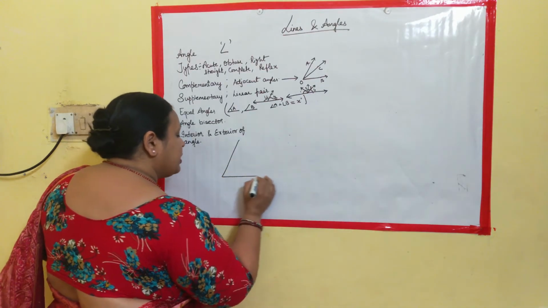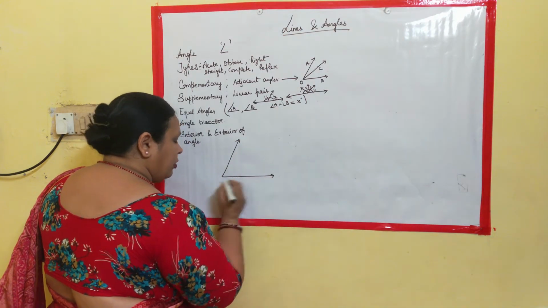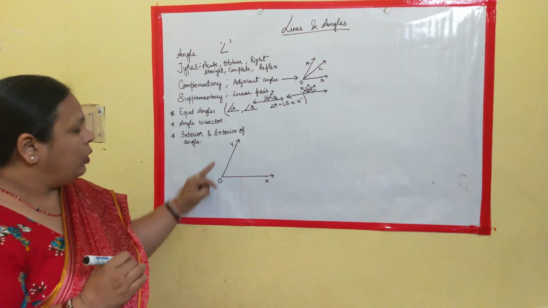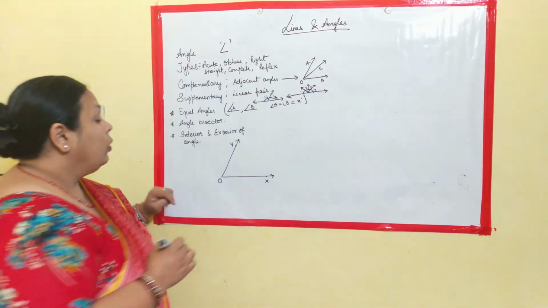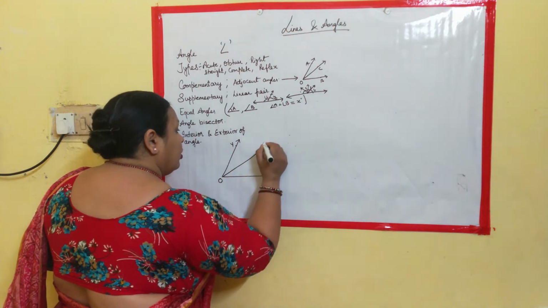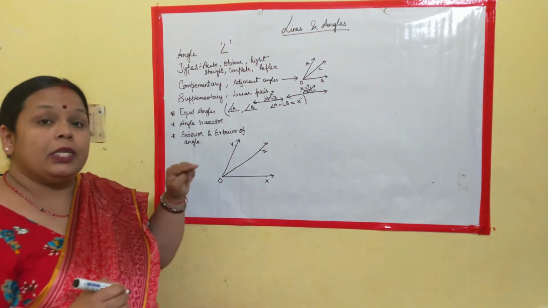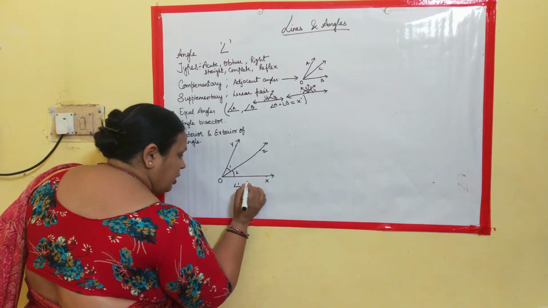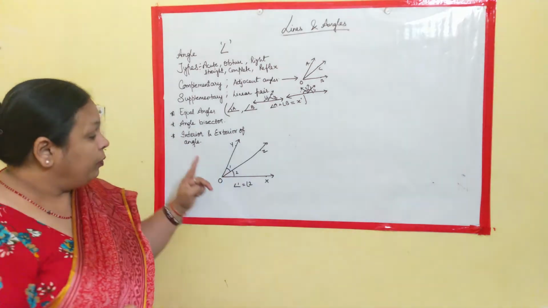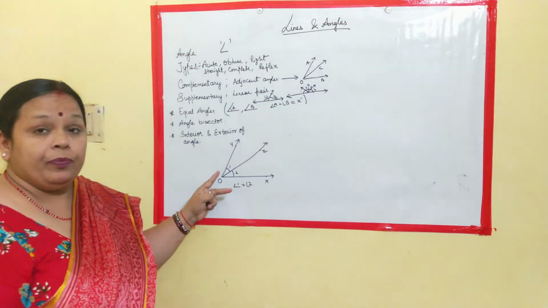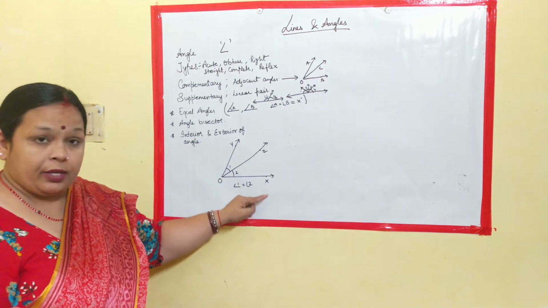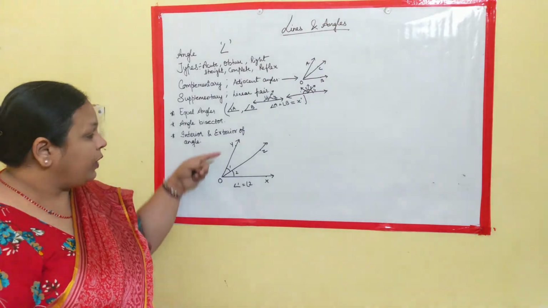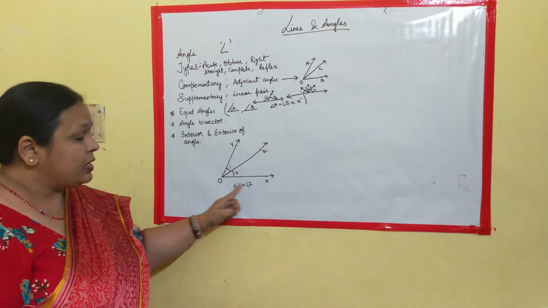If this is your angle YOX, OZ will be called an angle bisector if angle YOZ is equal to angle ZOX.